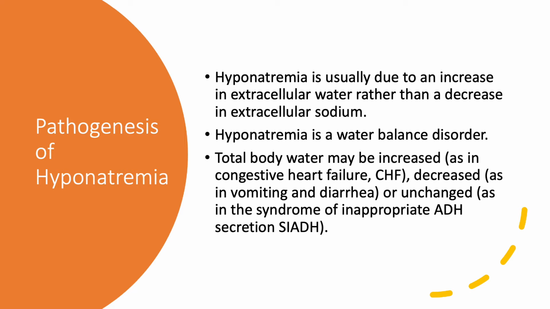Now, if we take someone with the syndrome of inappropriate secretion of ADH, here, total body water is really unchanged. There's just low sodium, okay? So total body water can be increased, decreased, or unchanged, and the reason for the hyponatremia is this imbalance between water and sodium.